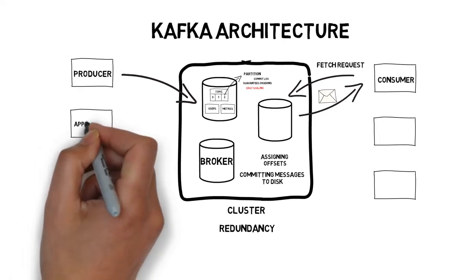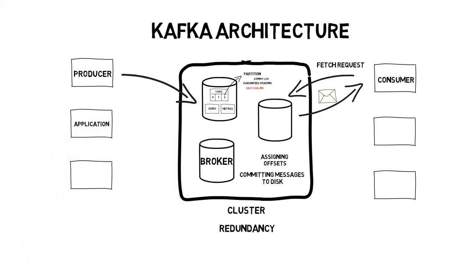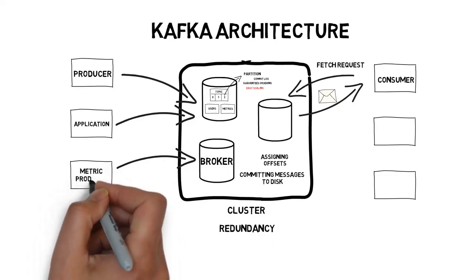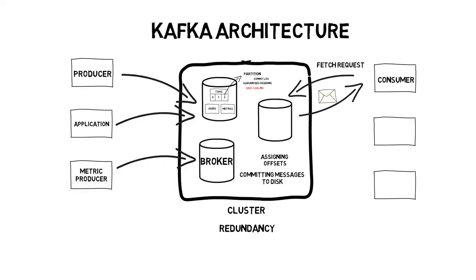Producers are usually other applications producing data. This can be, for example, our application producing metrics and sending them to our Kafka cluster. Similarly, consumers are usually other applications consuming data from Kafka.